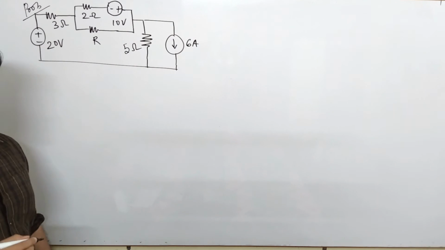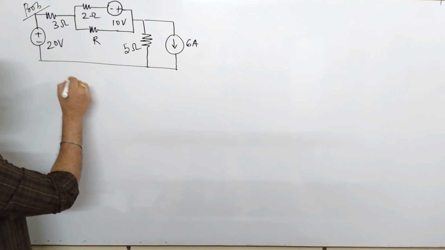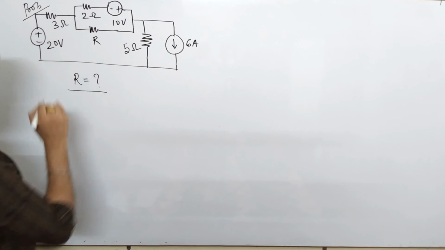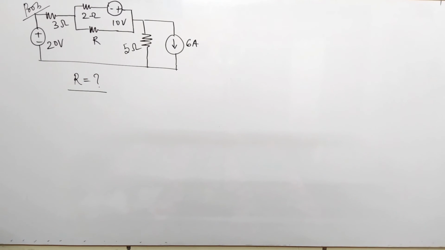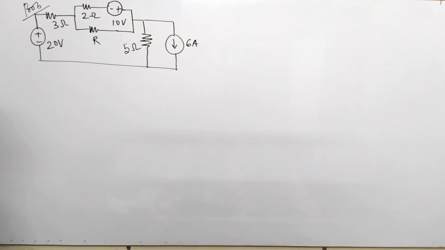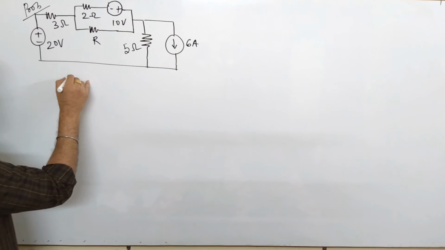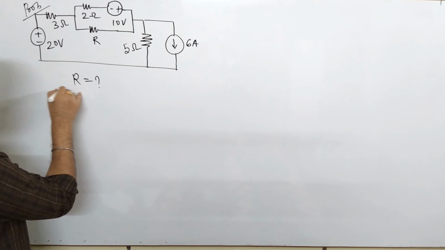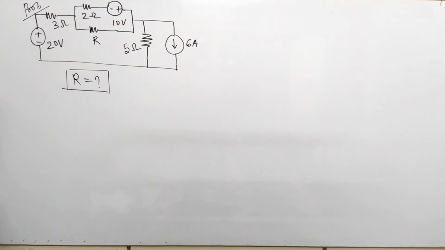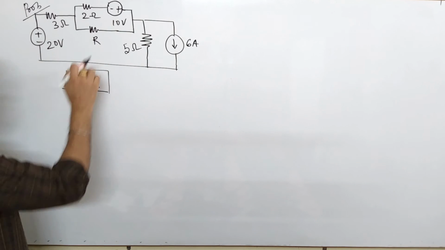So friends, this is our next problem. In this problem, you have to find the maximum power transferred to the resistance R. What should be the maximum power transferred to the resistance R?